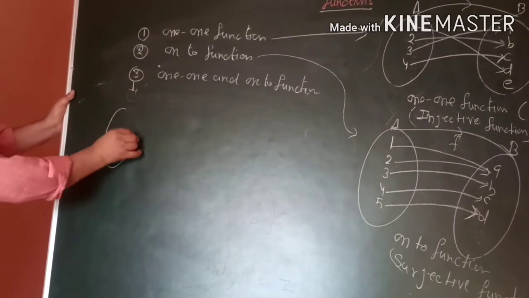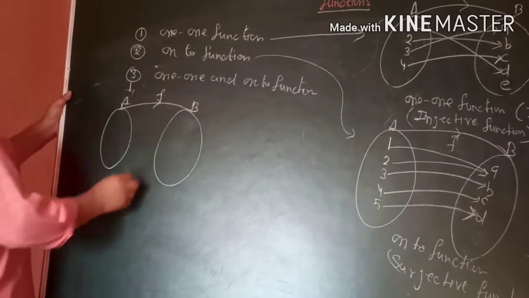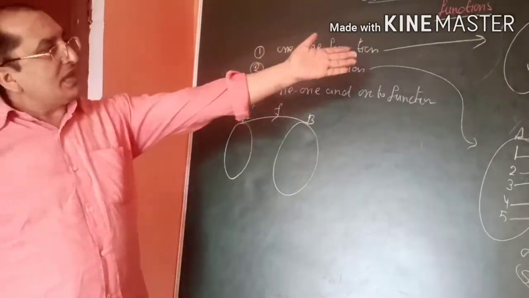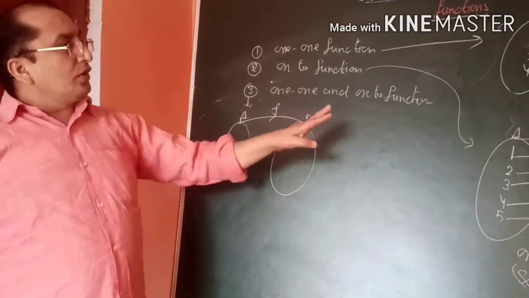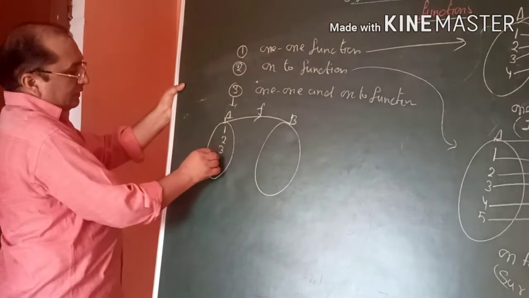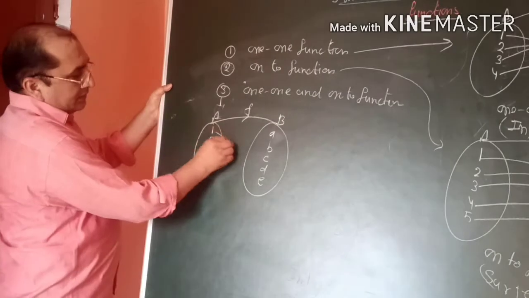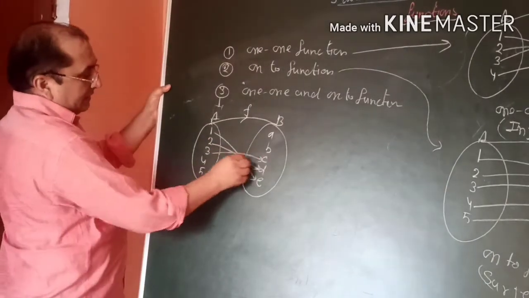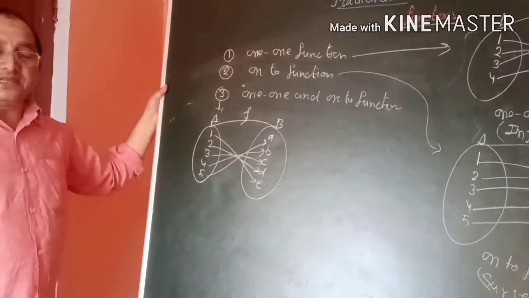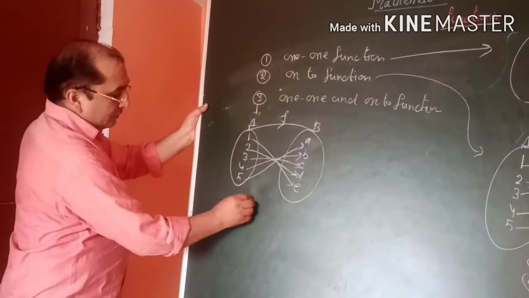Now see, one-one and onto function, F from A to B. The name itself defines everything. One-one means every element has one image, and onto means no element will be left in set B. So 1, 2, 3, 4, 5 and A, B, C, D, E. The elements are attached in this manner. One element has one image, and in set B no element is free. So this is known as one-one and onto.